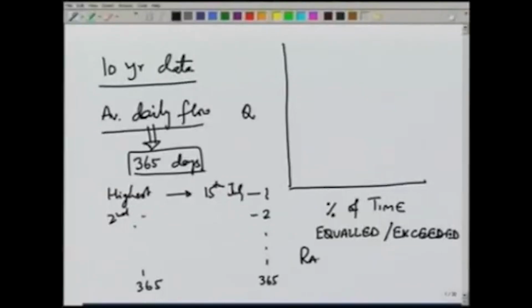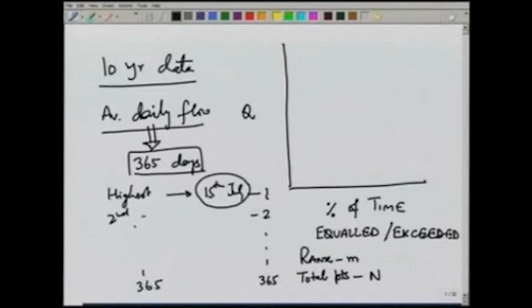Now, suppose we want to find out the percentage of time a particular discharge is equaled or exceeded, we can just take the rank which we denote by, let us say, m, and the total number of points, let us say, are n. In this case, n would be 365, and the rank for the first 15 July discharge would be 1, then the next rank would be 2, and so on.